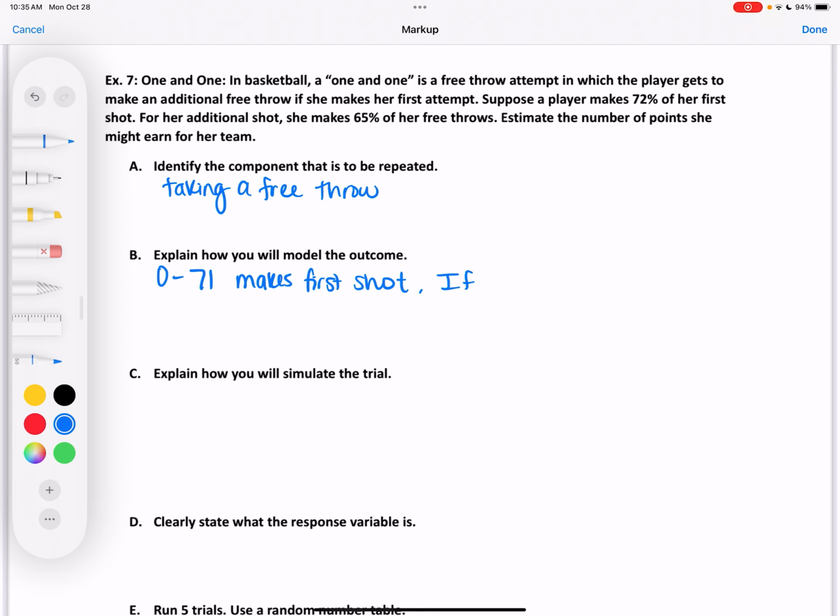If the number is in that range, then look at the second number, which would be 0 through 64. And that would be a make on the second shot.